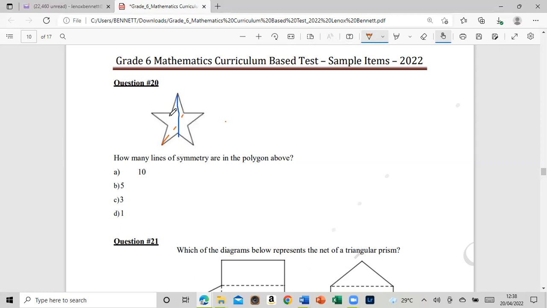I'm not even sure if this is a line of symmetry, because watch out, if you fold this, it's not going to match. You don't see any line of symmetry there. So guys, leave your opinion on that one. Obviously something is wrong with my eyes. But it's a perfect star, you know.